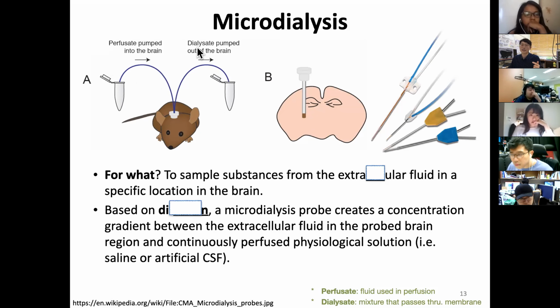That's called dialysate. That's pumped out of the brain, which contains neurochemicals of your interest. Because of this shape, you see this probe is all Y shape. So what are we trying to measure here? To sample the substances from the extracellular fluid.